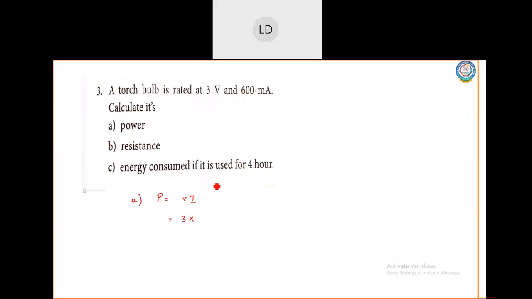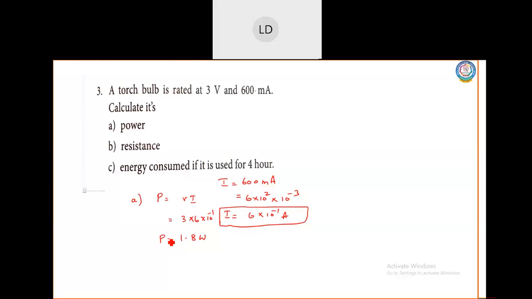Current is 600 milliampere, which can be written as 6 into 10 power 2. Milli is 10 power minus 3. So this will be 6 into 10 power minus 1 ampere, the current. This has to be substituted here. So 6 into 10 power minus 1. When I simplify, I have the answer of power to be 1.8 watt.